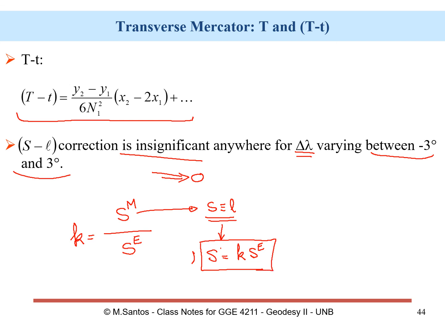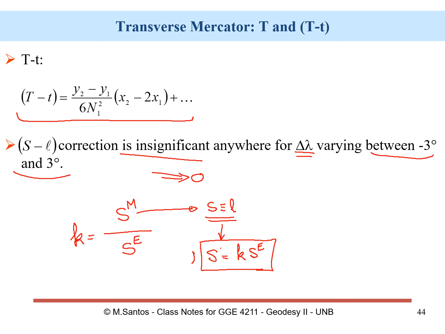So the whole idea behind this discussion on transverse Mercator is that we have looked at how the projected meridians and projected parallels behave. We have looked at the interpretation of the mapping equations when we go from geodetic to grid, and we have the arc of meridian, the arc of parallel, plus additional terms.